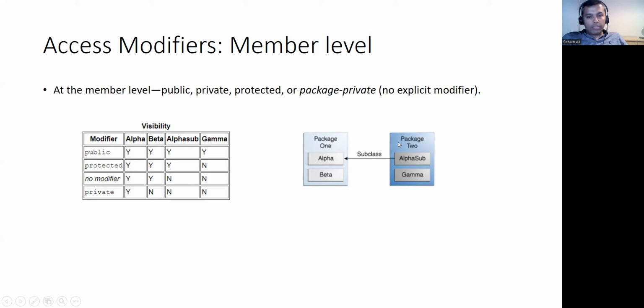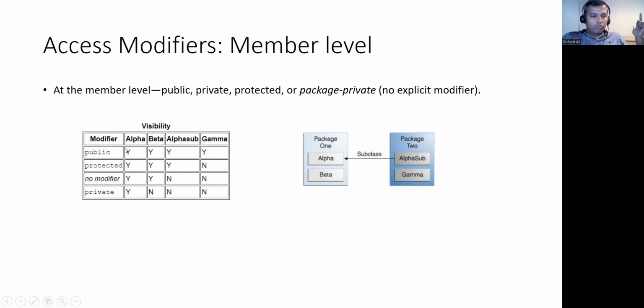And then we have a second package, and one file of that second package extends the alpha class. So it's a child class, but the base class and child class exist in different packages. And then there is some other class in the second package as well. So we have two folders, a couple of files in one folder, a couple of files in the second folder.